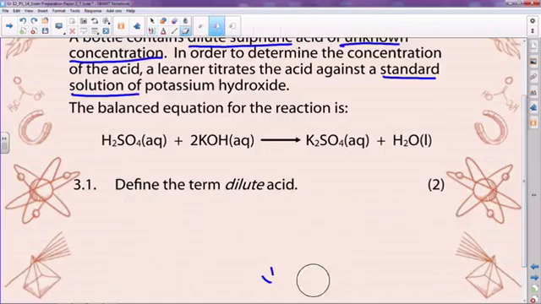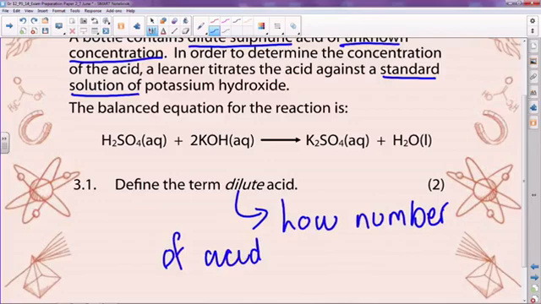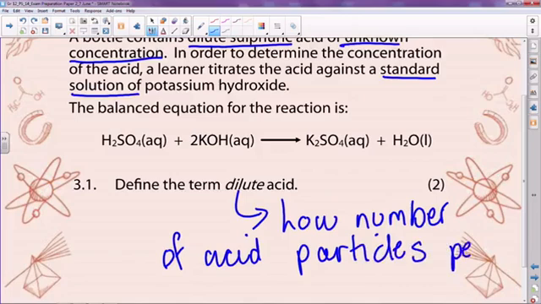It's a dilute acid. I'm giving you the definition of a weak acid. A dilute acid means that there is a low or a small number of acid particles per unit volume. I was just checking you guys are awake. I was giving you the definition of a weak acid. Okay, good. Let's move on.